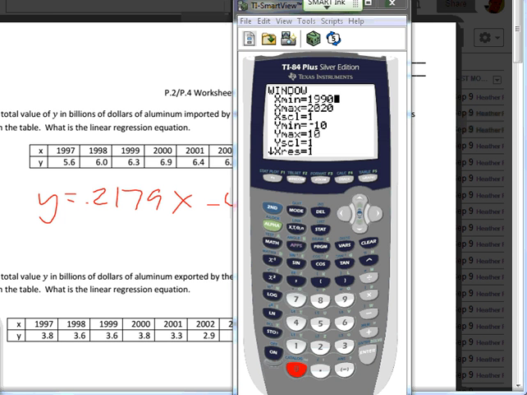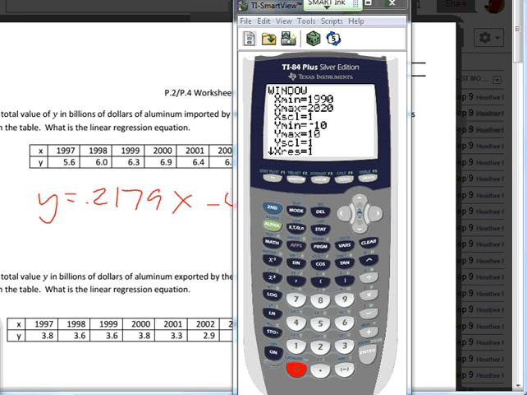Okay, one more thing. I had a lot of people where their screen looks different as soon as they say linreg. If that's you, you just want L1 and L2 to be there. They're already on that screen. But you have to store it. It says, where do you want the regression equation to store?